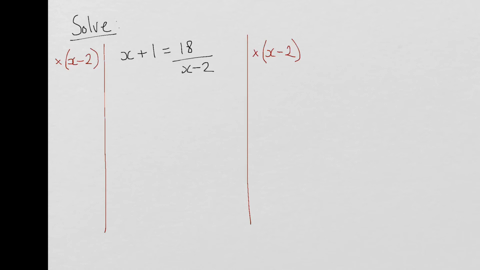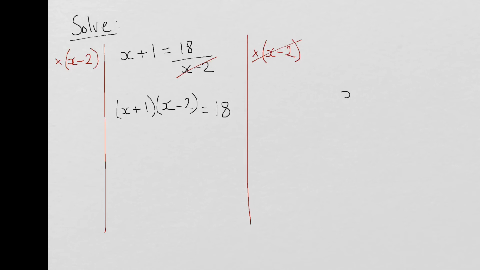Dividing by x minus 2 and then times-ing by x minus 2, that means that on this side all I'm going to be left with now is 18. On this side though, be careful, I have x plus 1, and when I multiply it by x minus 2, I do have to write it out as a bracket times a bracket. That will hopefully be a little bit familiar to you, because we do that when we are working with quadratics.